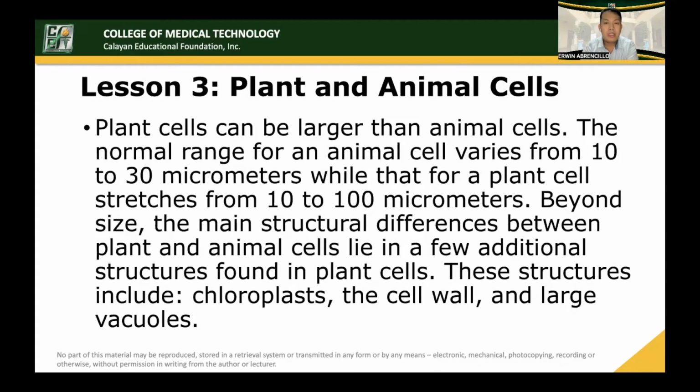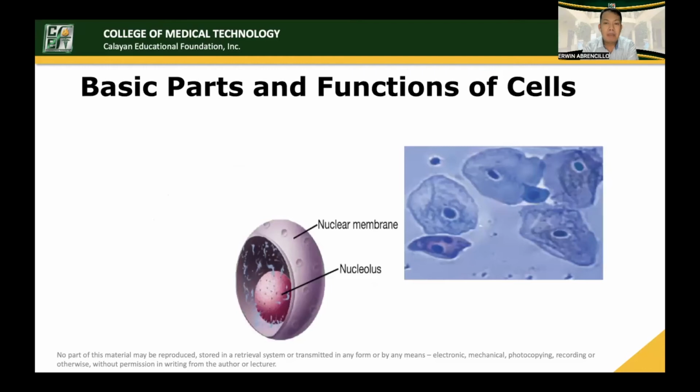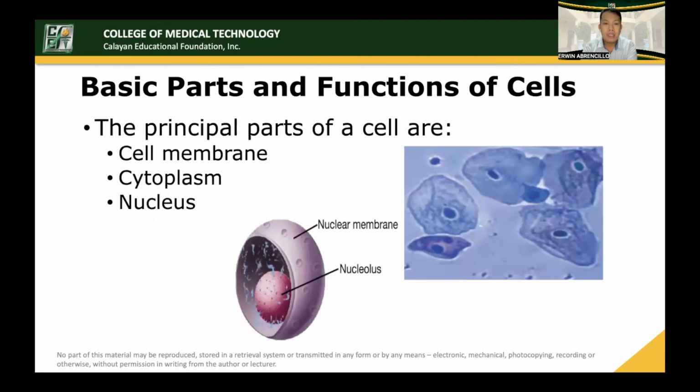All right. So these are the basic parts and functions of cells. The principal parts or main parts of the cells are cell membrane, cytoplasm, and nucleus.